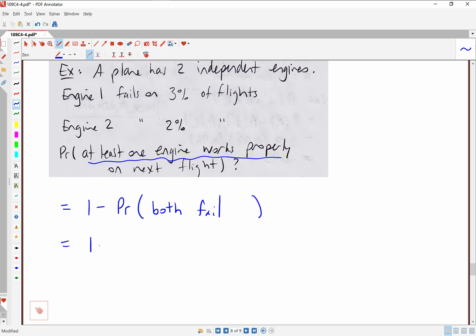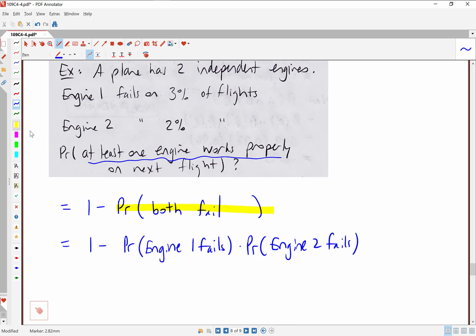So now it comes down to figuring out this probability that both engines fail. Because the engines are independent, we can say, well, that's just the probability that engine 1 fails times the probability that engine 2 fails. And it's very important here, I think, to point out that we're able to draw this conclusion because we're told that the two events are independent.